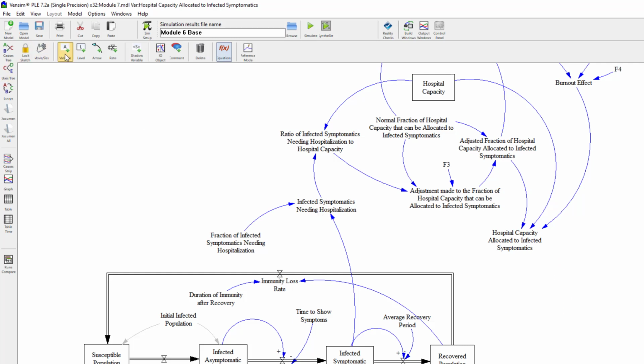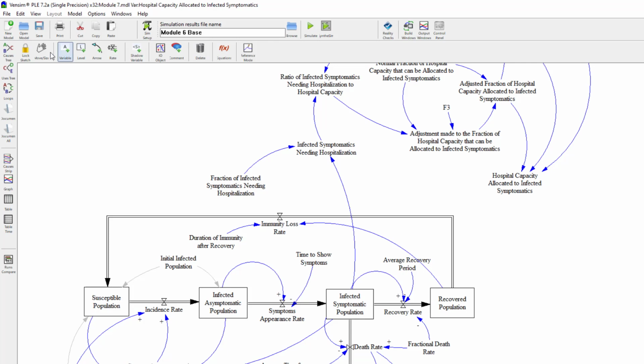Okay, so now we're going to calculate a variable called hospital availability. Basically, we are comparing the people who need hospitalization with the beds allocated to infected symptomatics.